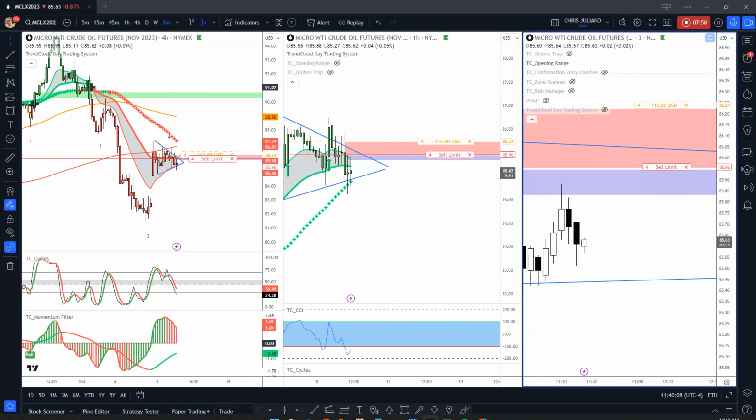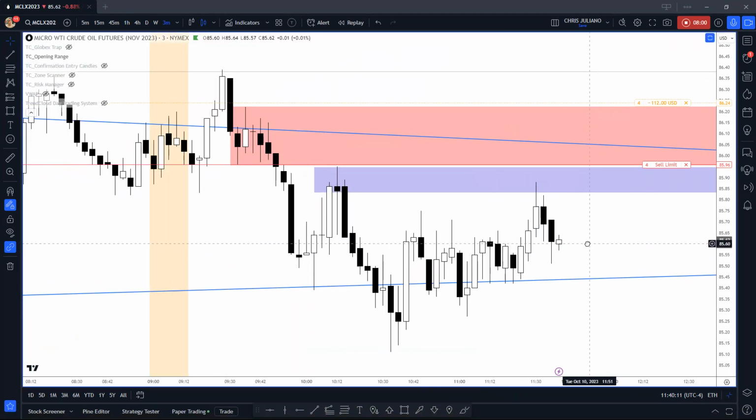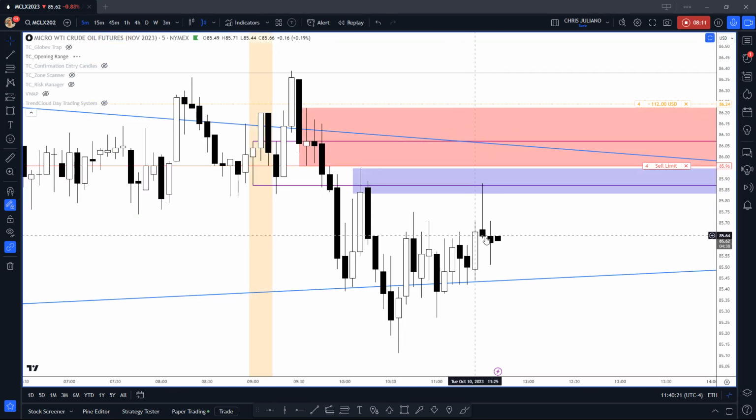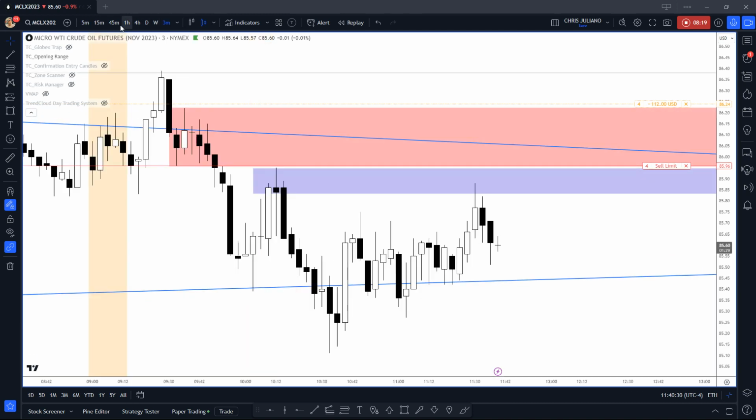So what do we do? Well, we look for supply zones on our lower time frames. It's making a little reaction off of this, but remember, the higher time frames are always more significant. A 5-minute chart is going to be more significant than a 3-minute chart.